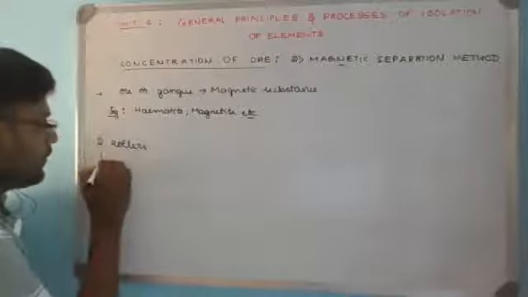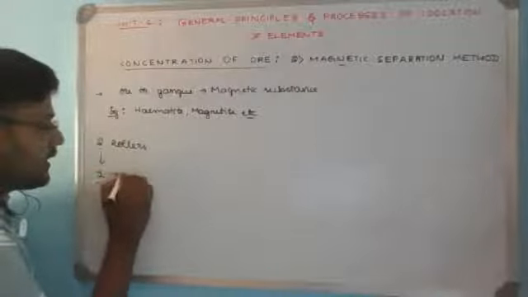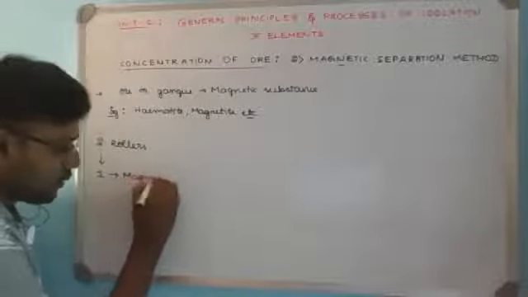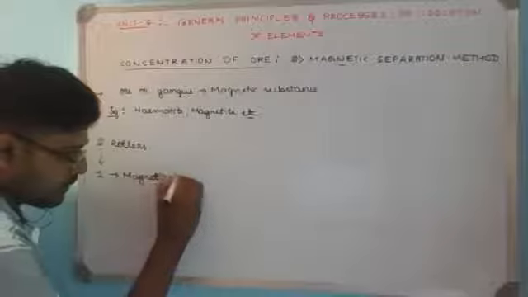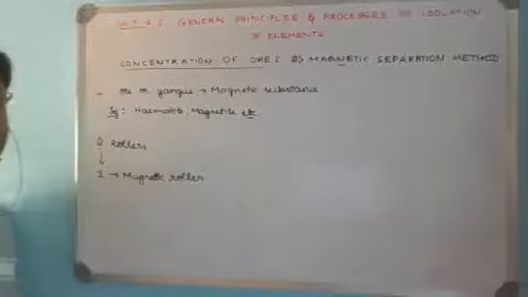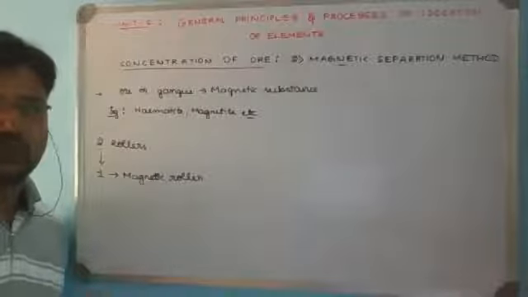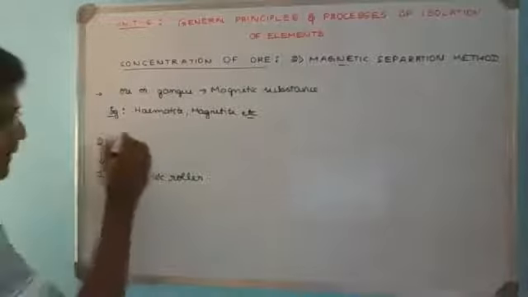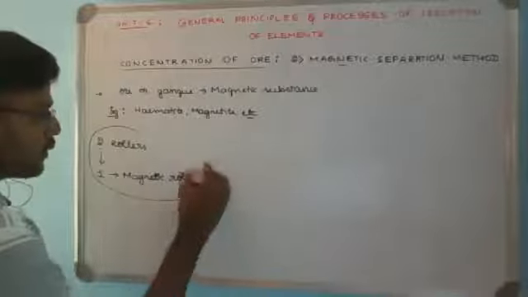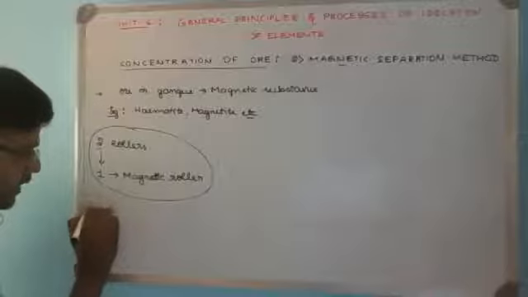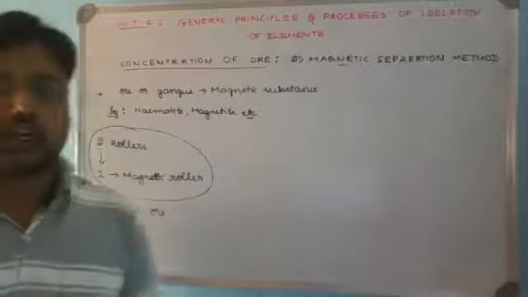One of the rollers is made a magnetized substance, that is, a magnetic roller. Now with this arrangement, onto the two rollers you pour a ground ore. Ground refers to a finely divided, powdered form of the ore.